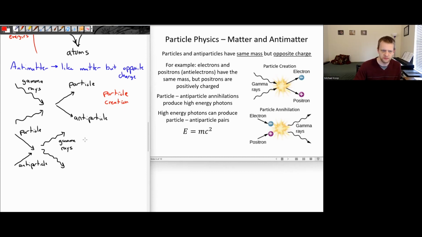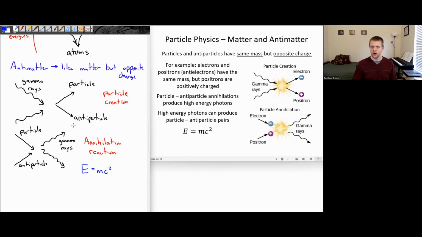So this is the annihilation reaction. And both of these reactions involve the conversion of energy to mass and vice versa.